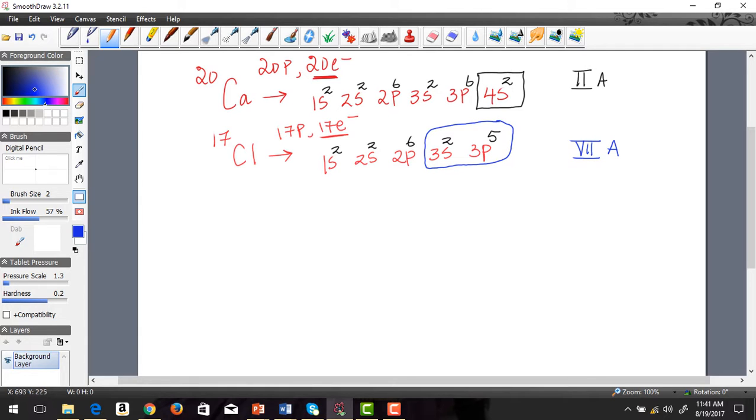So there we go, and it seems to make sense that I am able to account for my 7A, which means chlorine has to get to 8. That means it can take only one more electron to get to a stable configuration. That means it's 1 minus. This is a bonus. If you had not done this last part, that's all right. I didn't expect you to do it.